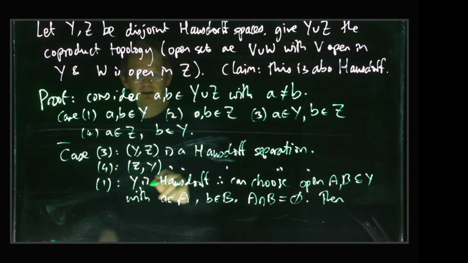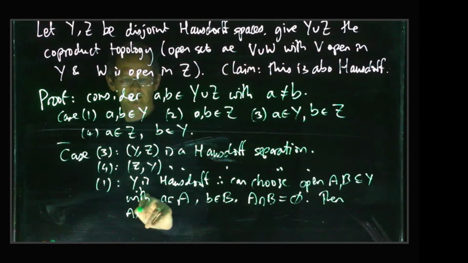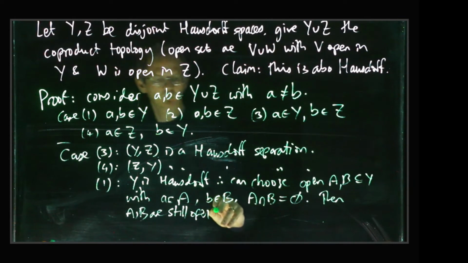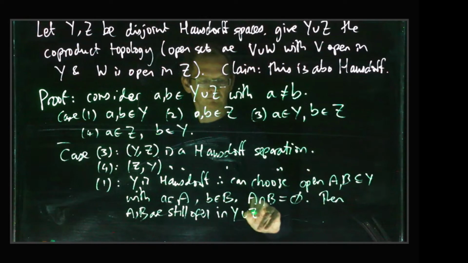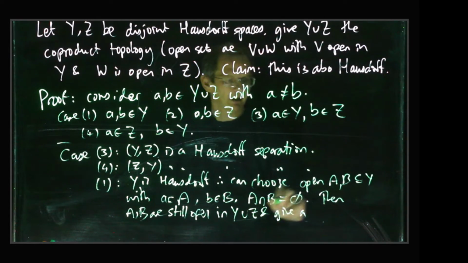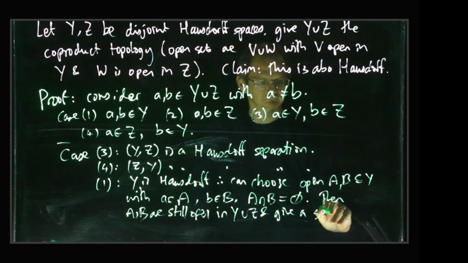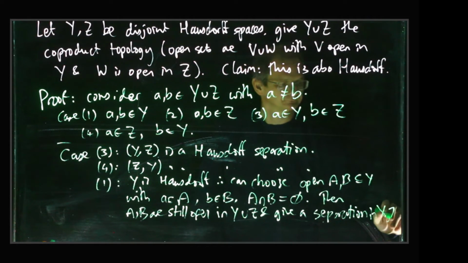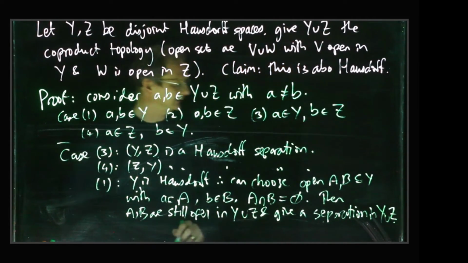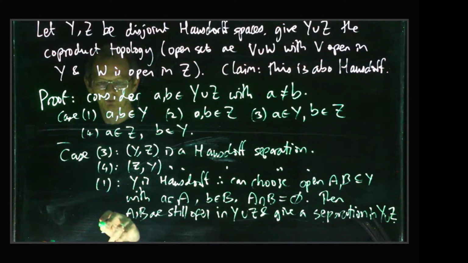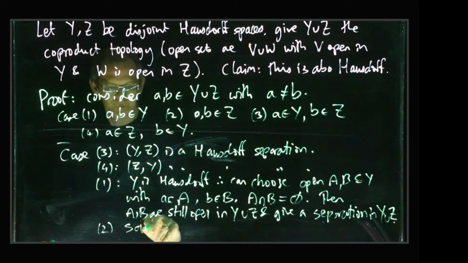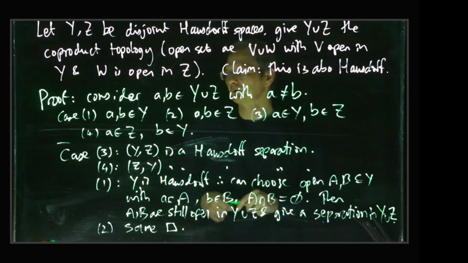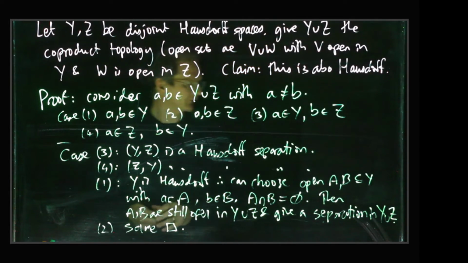So these are still open in Y union Z and give a separation in Y union Z. That was case 1, and case 2 is essentially the same.